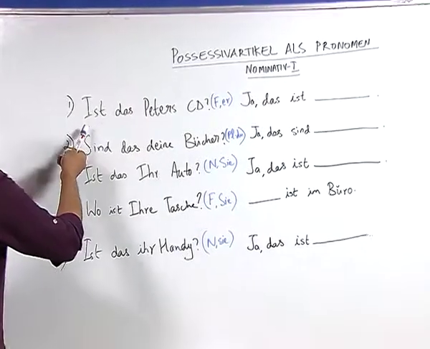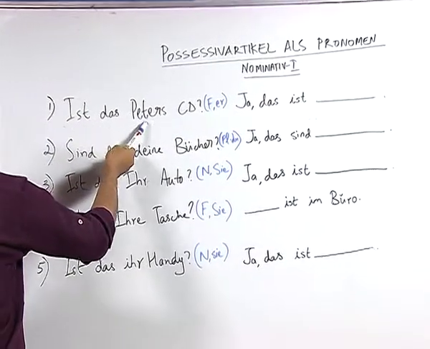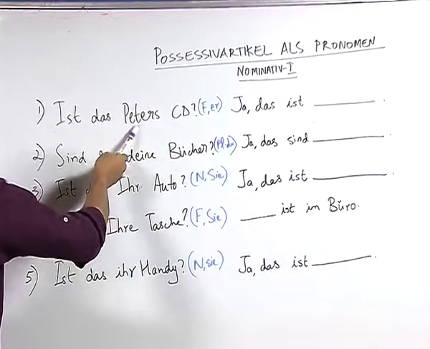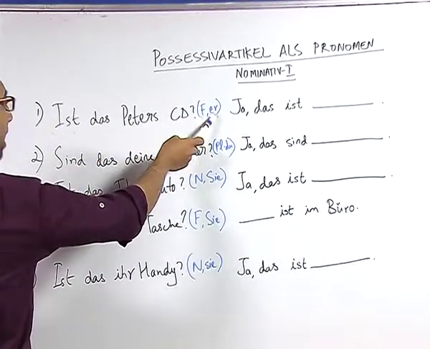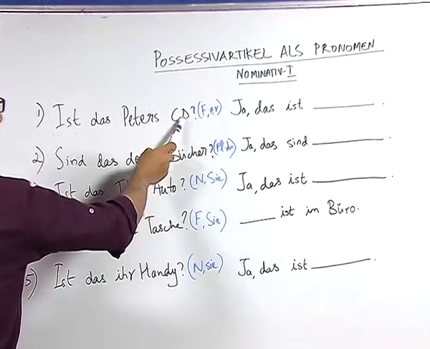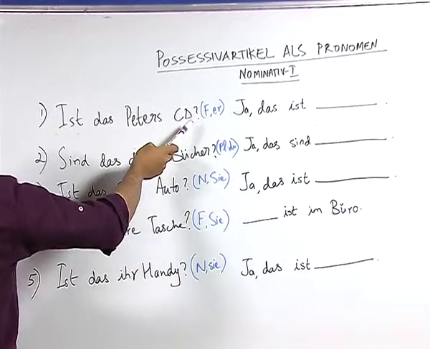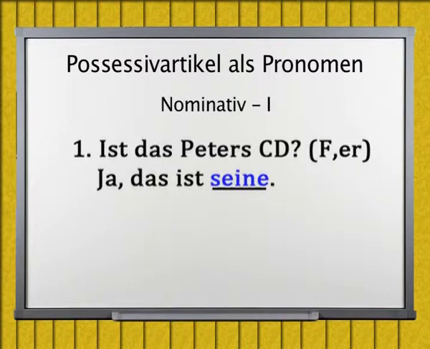If you look at sentence number 1, ist das Peters CD? We know with the name Peter refers to masculine, that is why we have the pronoun here er, and for the noun CD, as you know, the article is feminine. So, combining these two, we get the pronoun here: das ist Peters CD, ja, das ist seine.